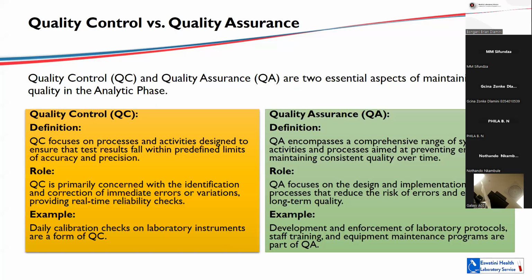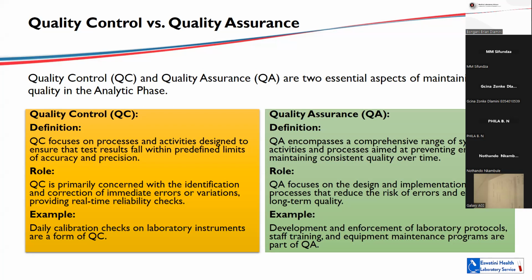In simple terms, when we talk about quality control, it's all the operations that are used to fulfill the requirements for quality. In our slide here, we define it as a focus on the processes and activities designed to ensure that the test results fall within the predefined limits of accuracy and precision. And what is the role of quality control?